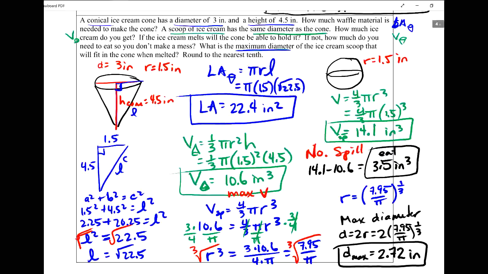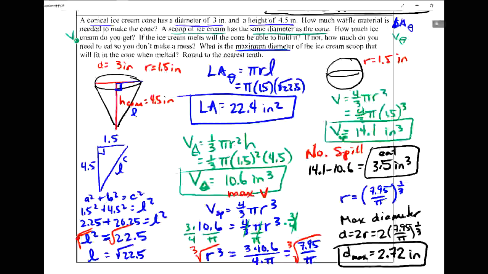Just do them one piece at a time. Anytime you have word problems, you know that you're going to have to break it down into one piece at a time, figure out what it is that you need. Be careful when you are doing ratios or comparing your surface area and volume to find radius.